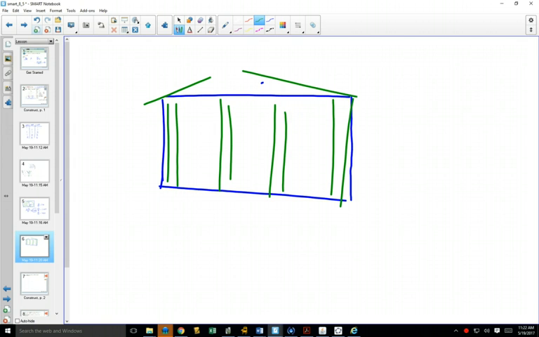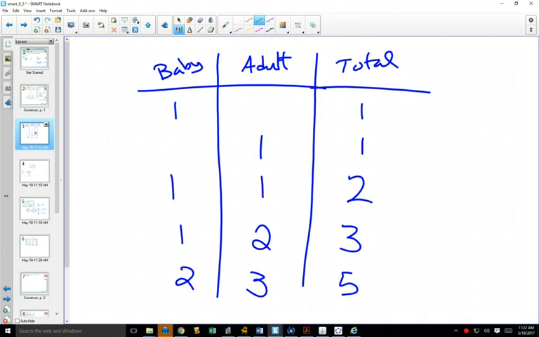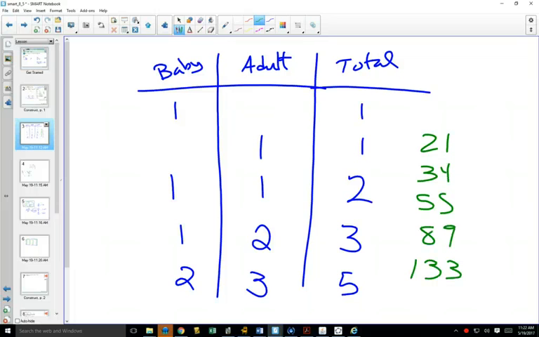Now, I don't know if I have my Fibonacci numbers right. So what is it? It goes 21, then 34, then 55, and then 89, and then 133, and then 200. Is that right? Did I make any mistakes along the way? Oh, this is 134. There we go.